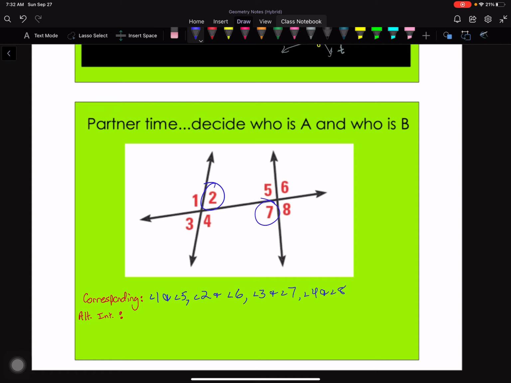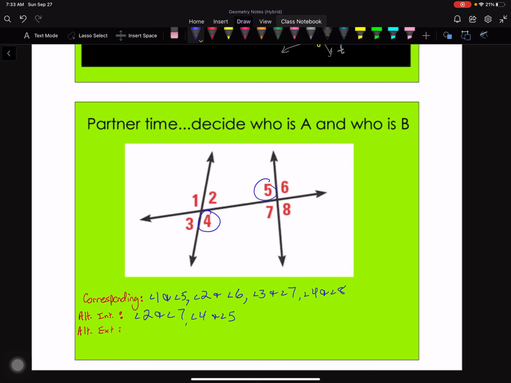So there's only one option, angle 7. Opposite sides of the transversal and on different lines. Okay, we have one other option. We have angle 4 and 5. Again, they are on opposite lines and opposite sides of the transversal. And that's it.